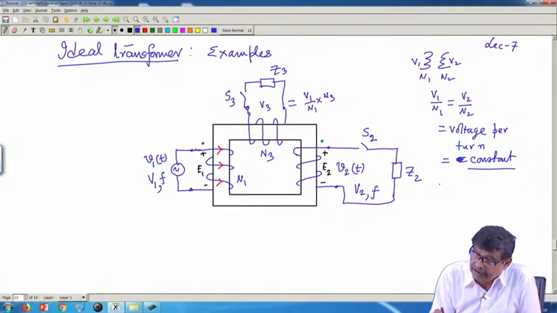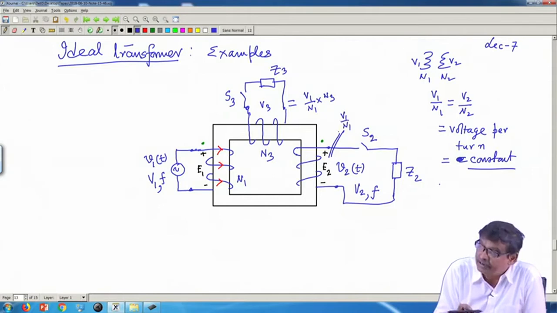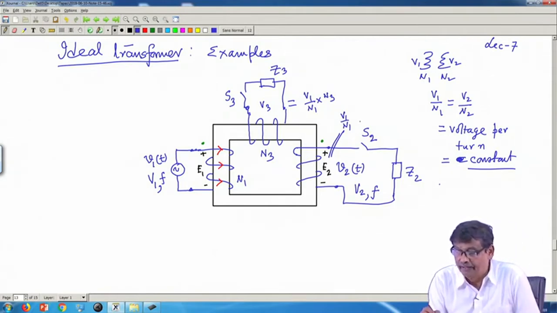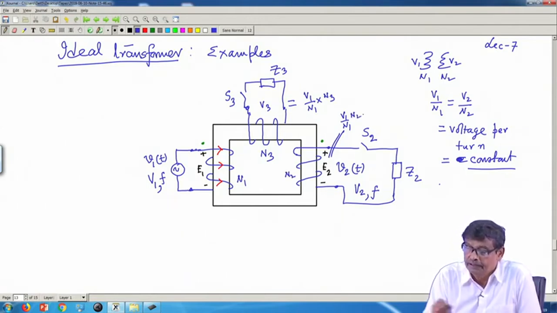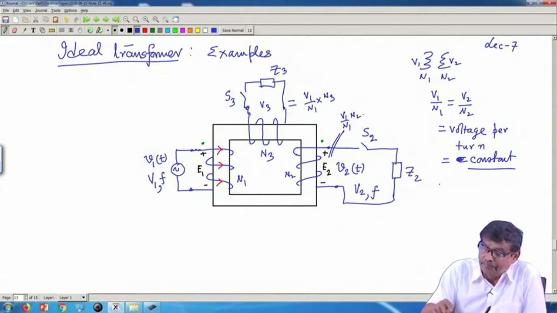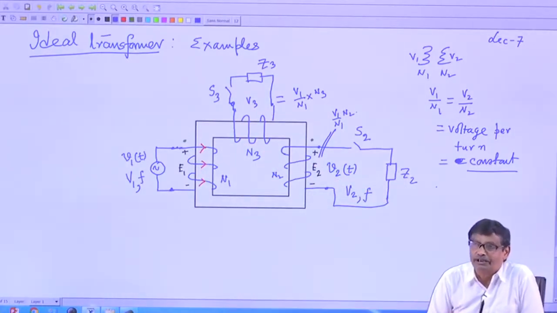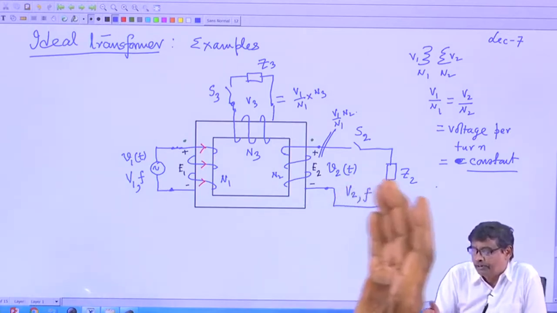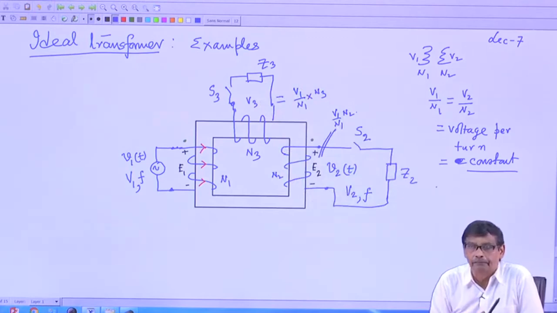Here the voltage will be V1 by N1, the voltage per turn fixed by the primary, into N2. Therefore, you can have two sources of different voltage levels available to you, and you can supply two different loads. That is what I am trying to tell.